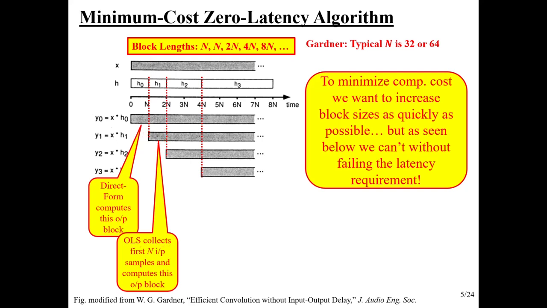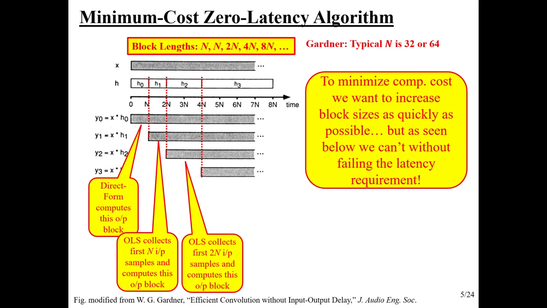So as soon as I finish collecting that point, I have one sample time to compute the DFT, multiply it with the impulse response DFT, do the inverse DFT, grab my desired chunk, and put it out to the output. That's a lot to do in one sample time. And that happens every time at one of these boundaries.